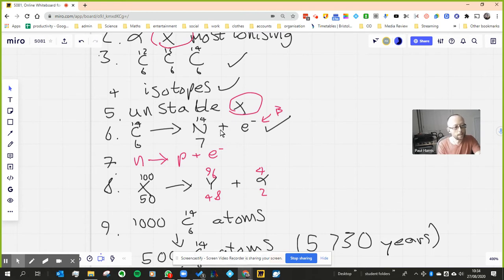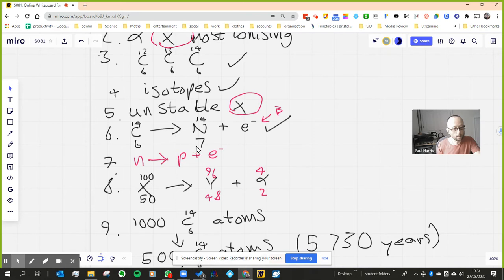And you were able to complete that reaction, and you knew that that was an electron. I didn't quiz you on the name of that electron, but it's a beta particle. And then it was what's actually going on inside the nucleus for this to happen. So inside the nucleus of the carbon-14 atom, one of the neutrons decays and changes into a proton.